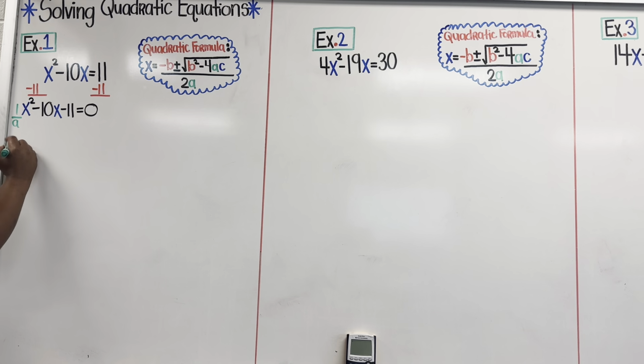Negative b is 10, so it's 10 plus or minus the square root of b squared, that's negative 10 to the second power, minus 4 times a, which is 1, times c, that's negative 11.